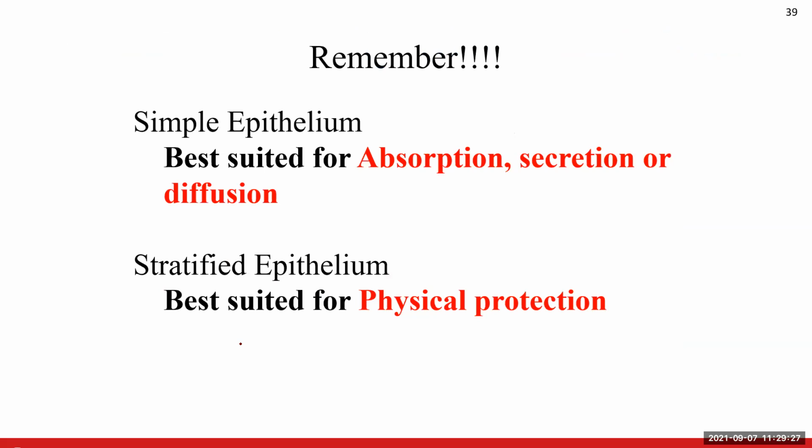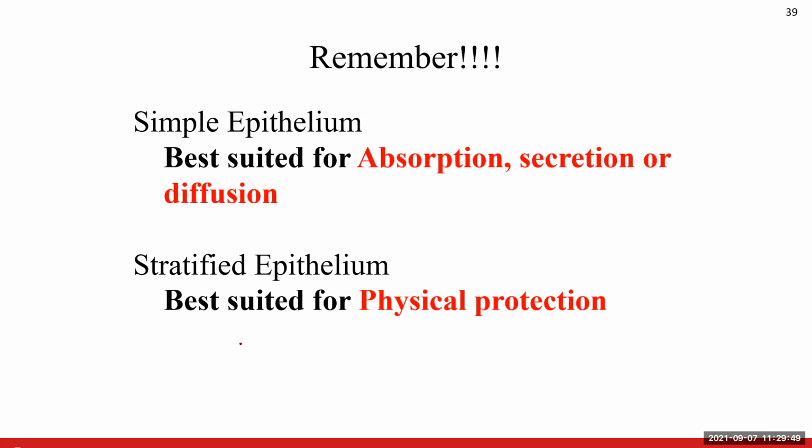Okay, so important slide here. We're talking about the function of epithelium. Simple epithelium is best suited for absorption, secretion, and diffusion, moving stuff across thin barriers. Stratified is great for physical protection, like the sole of your foot.